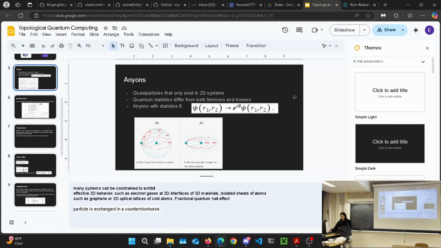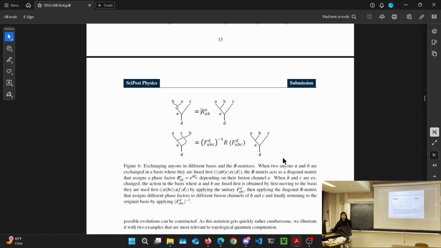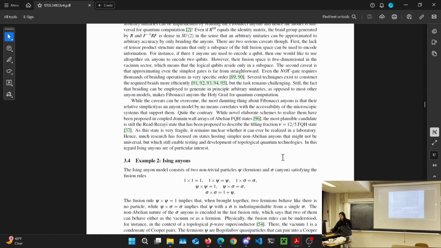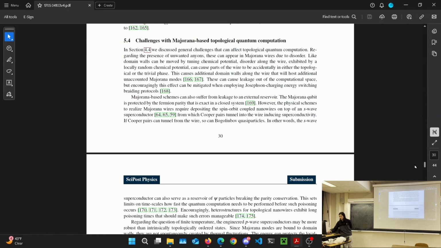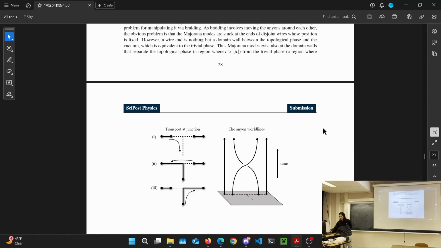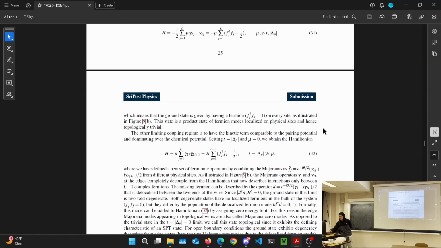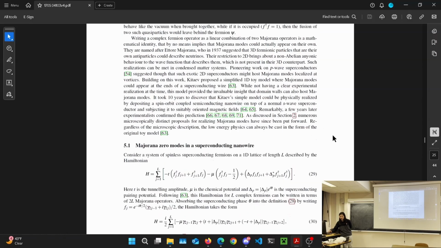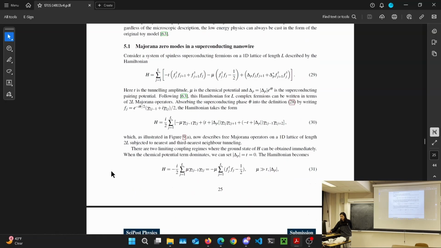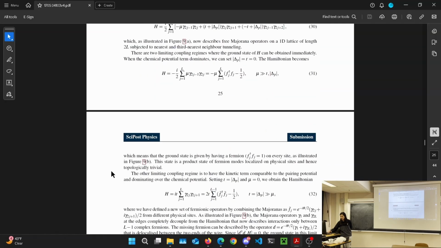I could talk about how anyons could appear due to the fractional quantum Hall effect. There's also superconducting nanowires, which is what Microsoft is doing to create Majorana zero modes.